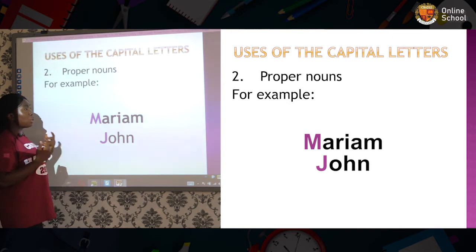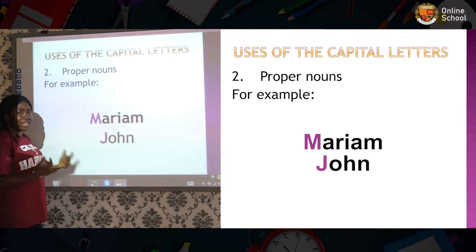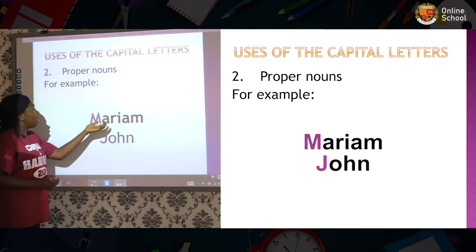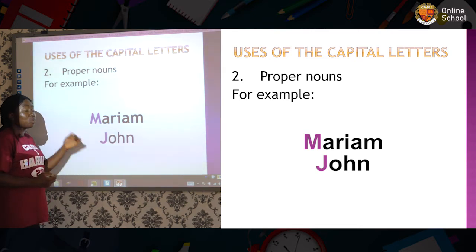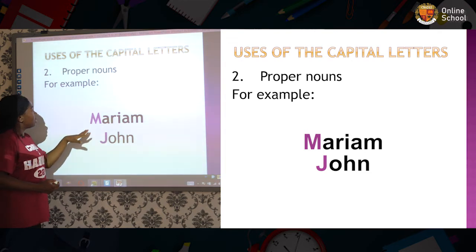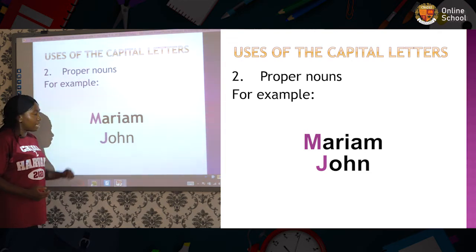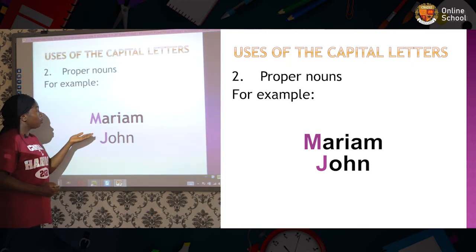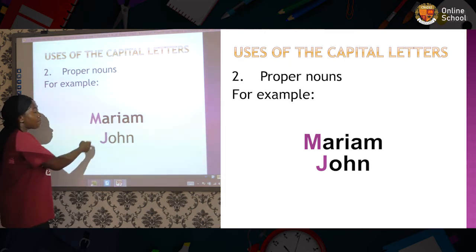Number 2. Capital letters are used in proper nouns. For example, we have Miriam. Whenever we have the name of a person, we should make sure we start with a capital letter, just like we have in Miriam.